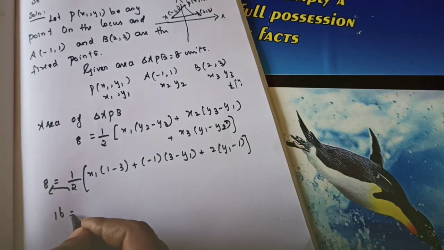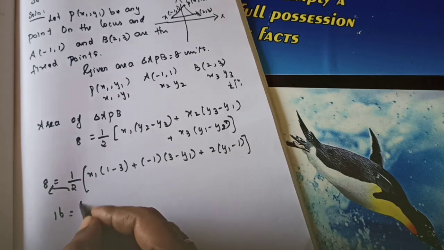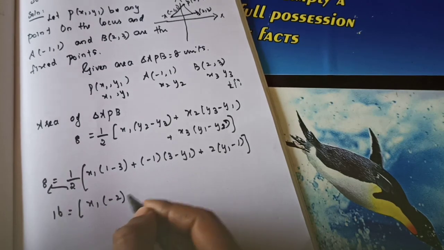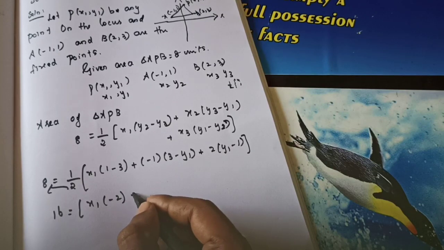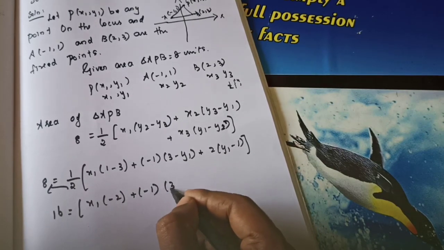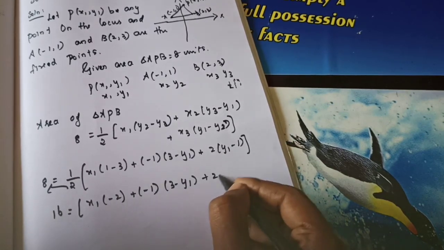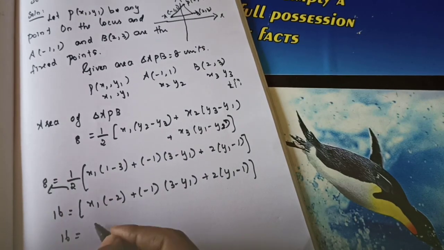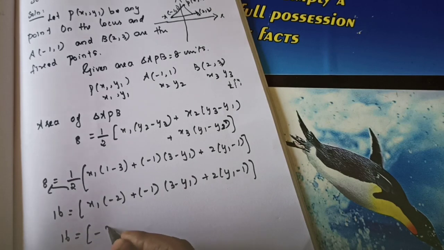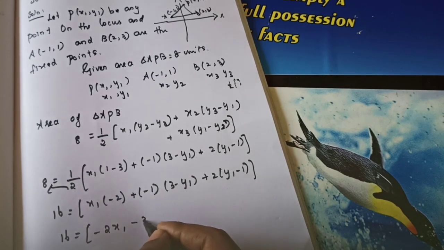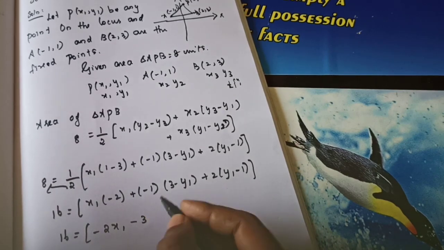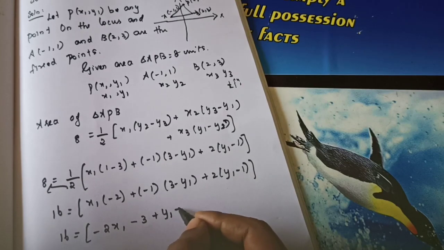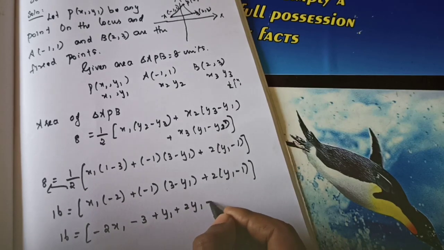So 16 is equal to, simplify, x1 into minus 2 plus minus 1 into (3 minus y1) plus 2 into (y1 minus 1). Okay. Simplify: 16 is equal to minus 2x1 minus 3 plus y1 plus 2y1 minus 2.